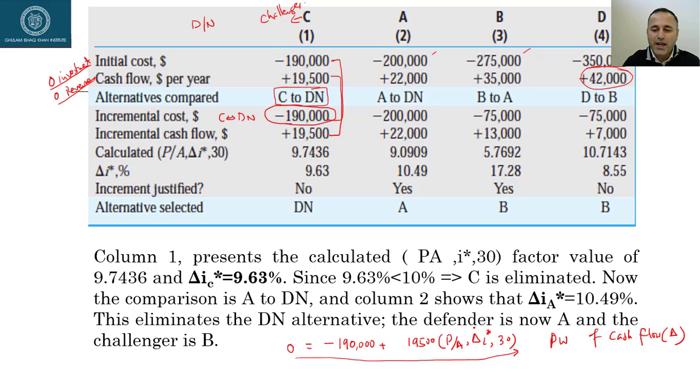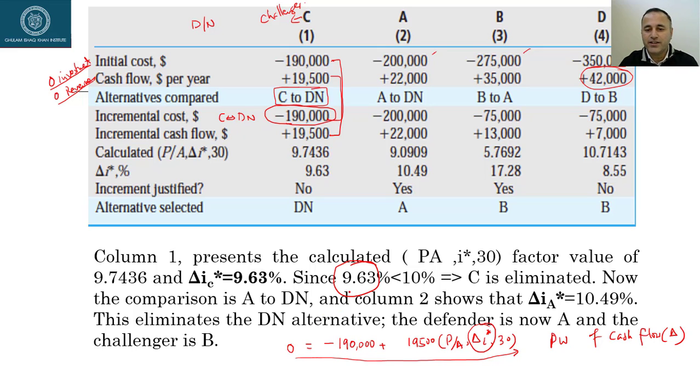My task is to calculate the delta i, the rate at which the present worth of this cash flow will be equal to 0. If I use Microsoft Excel or an interpolation technique, it is 9.63.